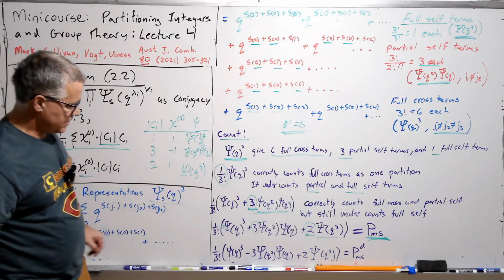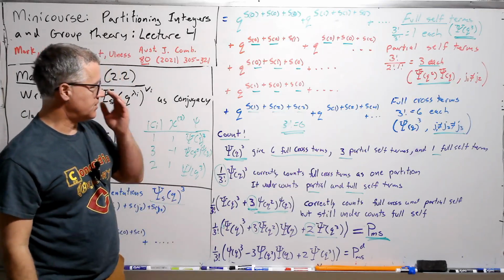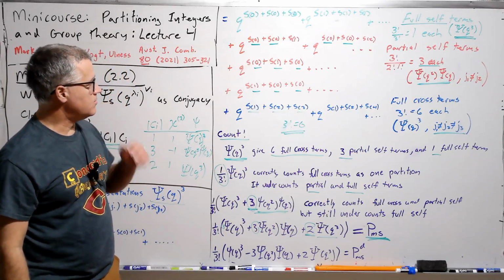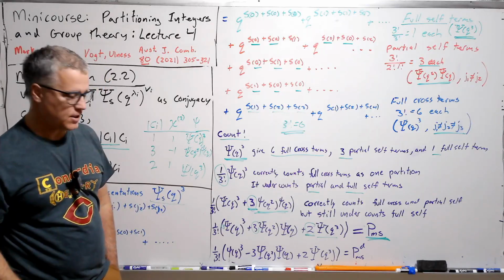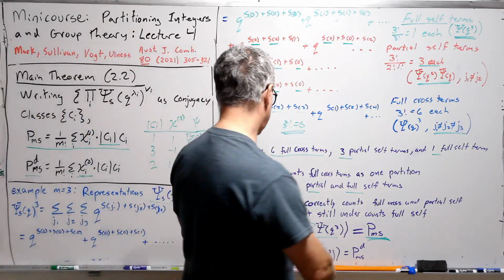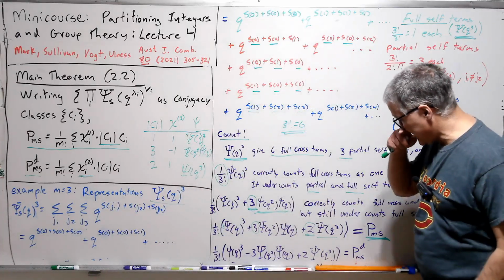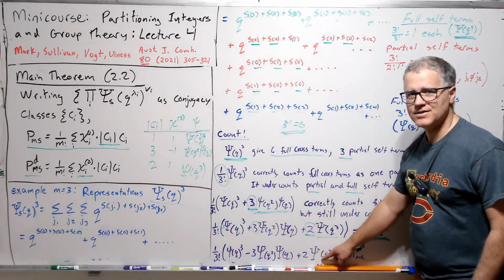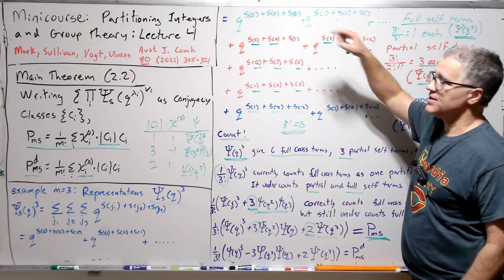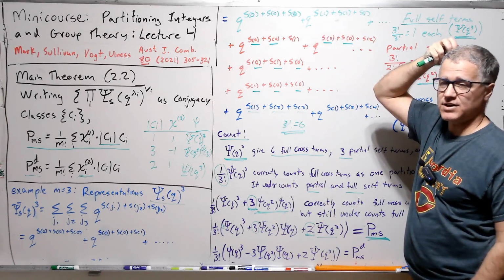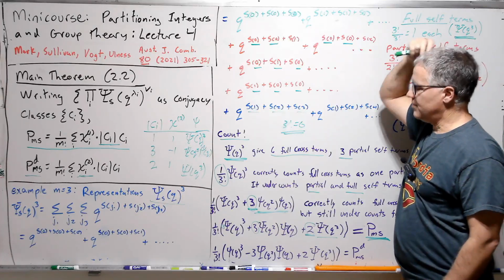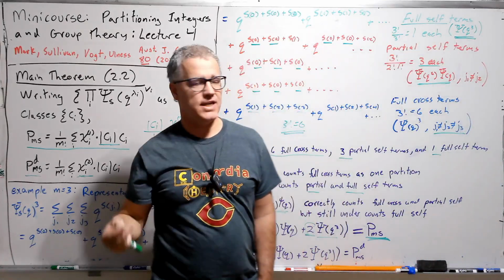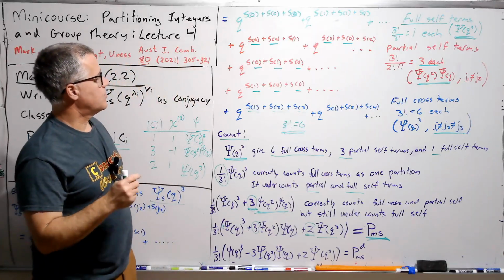Now let's look at the distinct partitions, and that's going to be a little bit trickier. This formula looks a little strange because, for example, we're adding in some self-terms, and of course the self-terms should not be there because they are definitely a repeat.